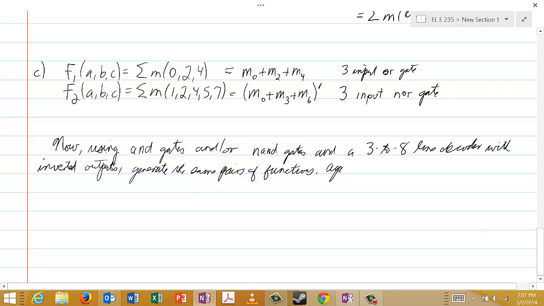Again, choose the gates so as to minimize the total number of inputs.